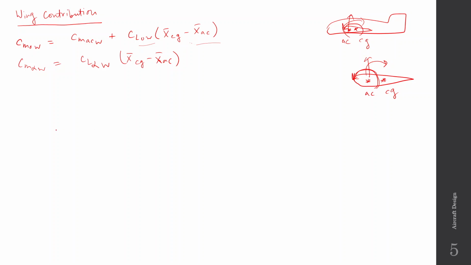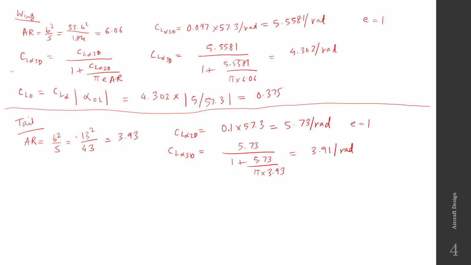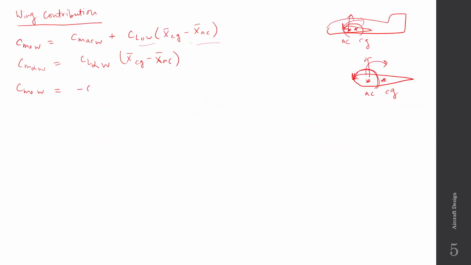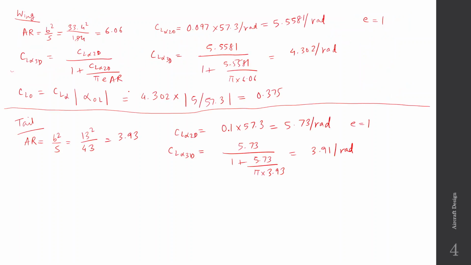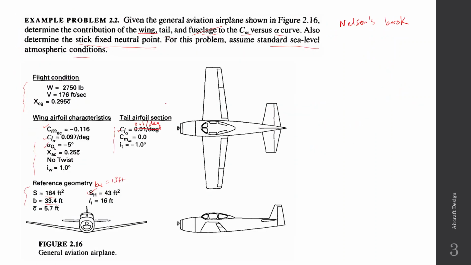So now you can put all the values and calculate everything. Cm naught wing will be, you check over here, CMAC is minus 0.116. CL naught we have calculated as 0.375, into x bar Cg, which is given.